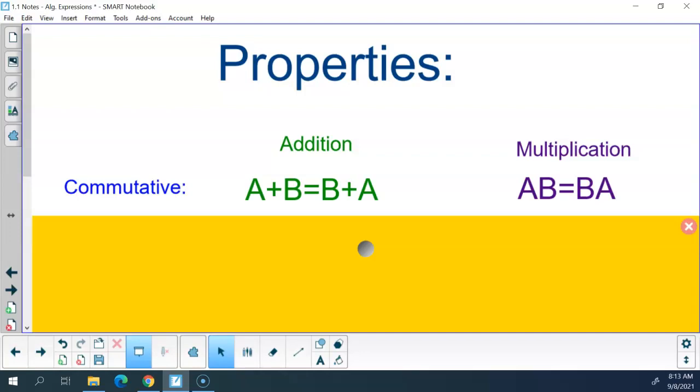It tells us that 7 times 4 is the same as 4 times 7. That's what the commutative property tells us. Again, I am not going to ask you on a test or a quiz what is the commutative property of addition, but I do expect that you know this stuff, because you've been doing this stuff since you were in elementary school.